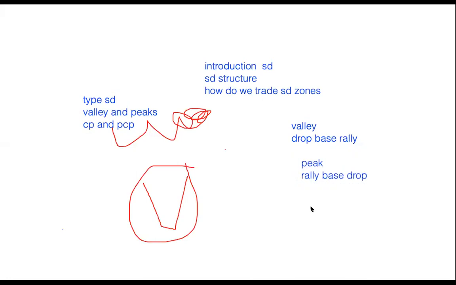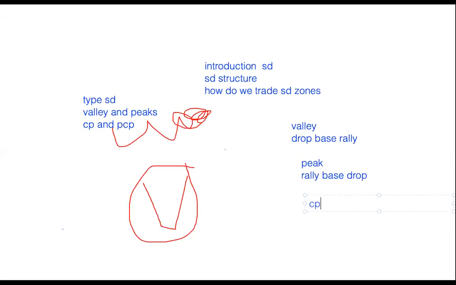Let's go to another type of supply and demand, which is the CP and pre-CP. CP is an abbreviation that stands for continuation pattern. A CP is a continuation pattern that the market tends to form when price is moving, either going down or going up.